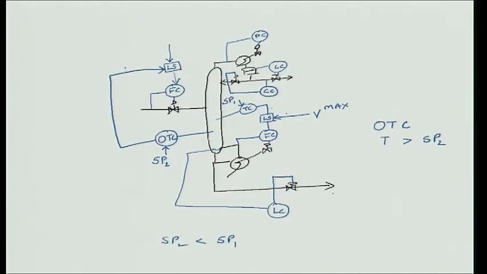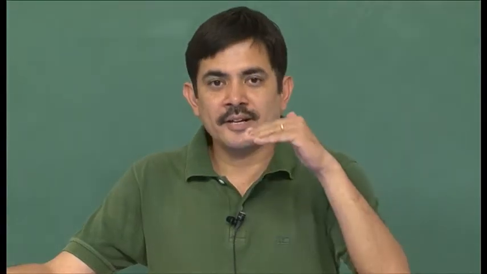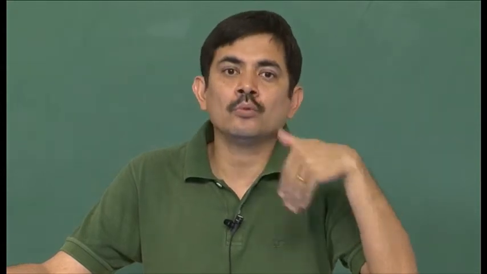That means the output of the temperature controller will be large, because the override temperature controller is saying that, look, the actual tray temperature is higher than my set point. So, put in more of the cold feed so that the tray temperature comes back.